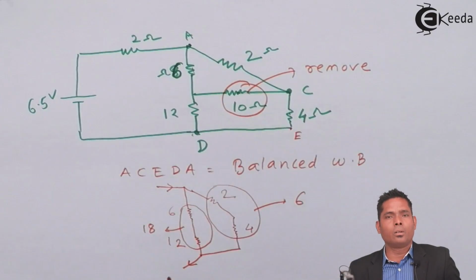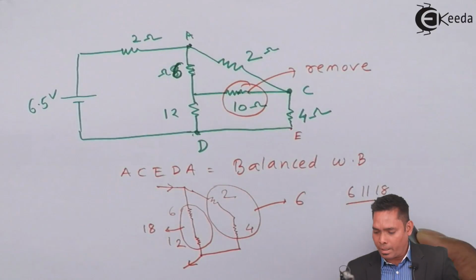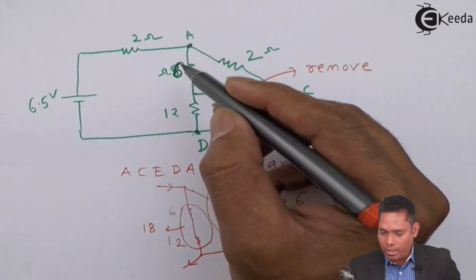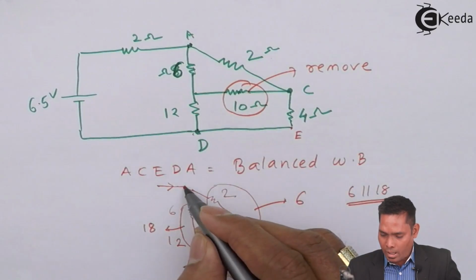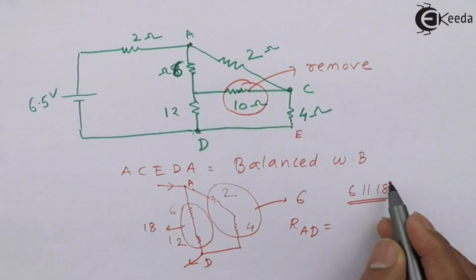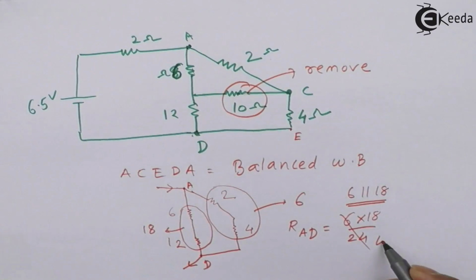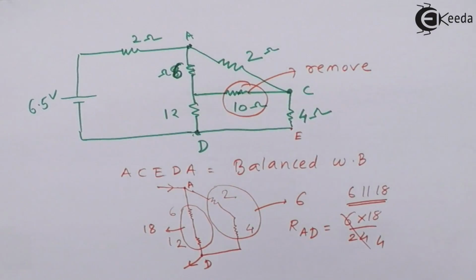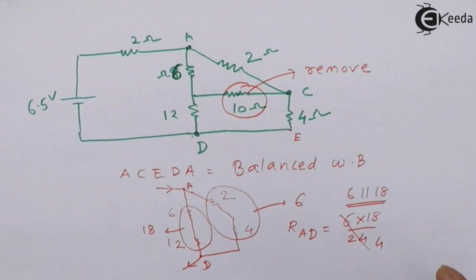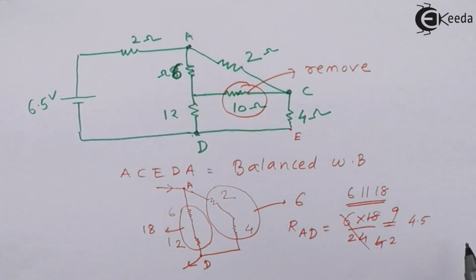So the equivalent resistance between A and D, RAD, is product divided by sum, that is 6 times 18 over 24, which is 4.5.